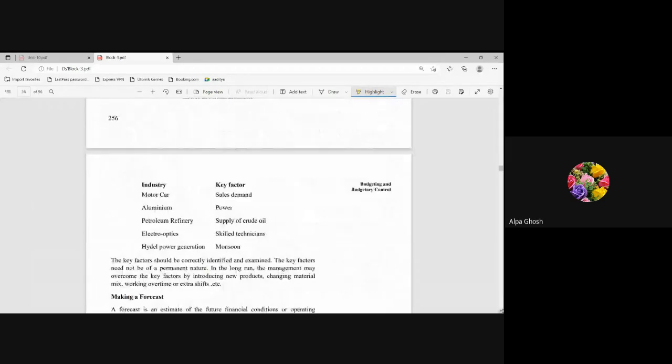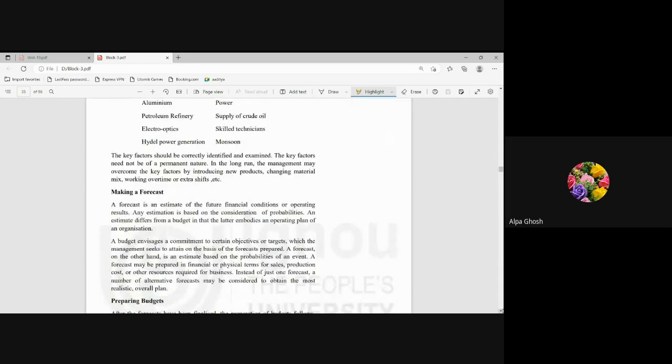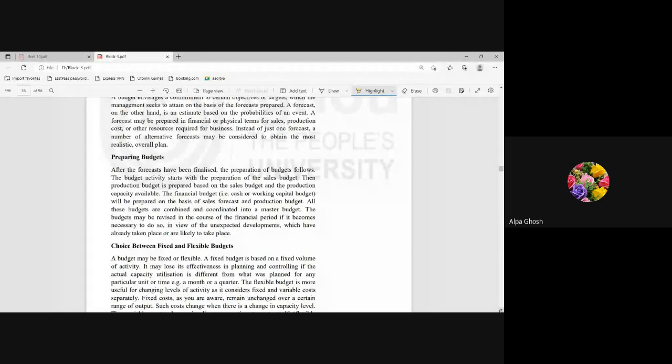The key factors included in the budget are sales, cash, the people who are working. So we need to make a forecast. It's a forecasting activity. While preparing the budget, we need to forecast the activities. We think that these activities are going to happen, and against those activities, there will be an income or we are going to make expenditures.